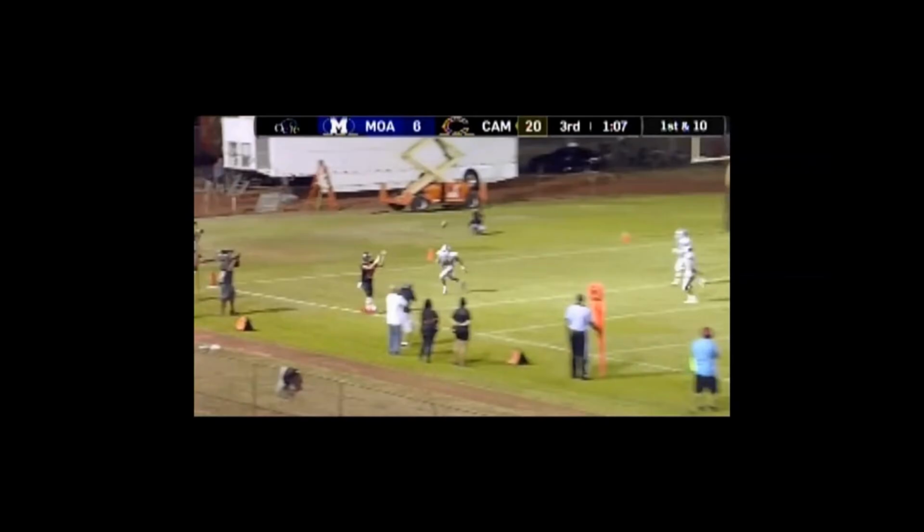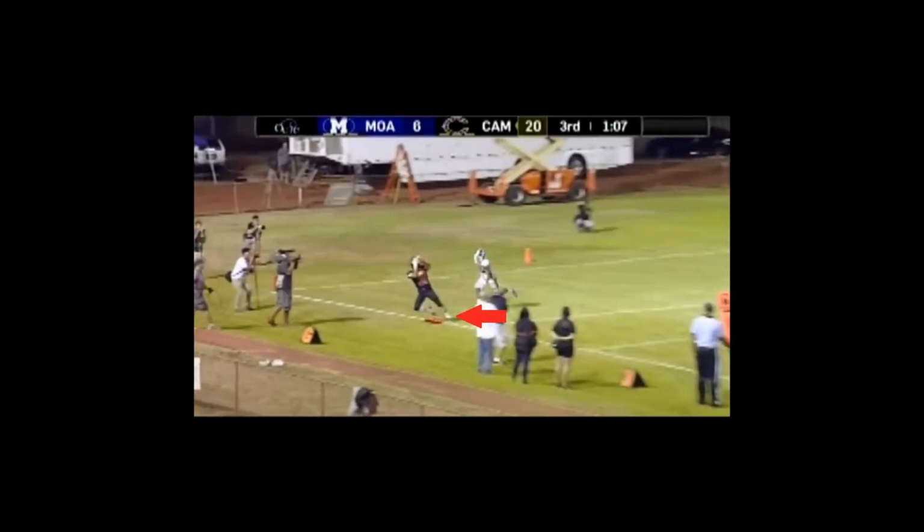So when the ball arrives, it will either be incomplete right away, or had he reestablished with the foot before the ball arrived, it would be a catch for a touchdown in NFHS and also illegal participation because he came back in. In NCAA, if he came back in, reestablished, and caught that ball, it would be illegal touching, which is just a loss of down. So the two codes are entirely different, but it's really illegal either way.